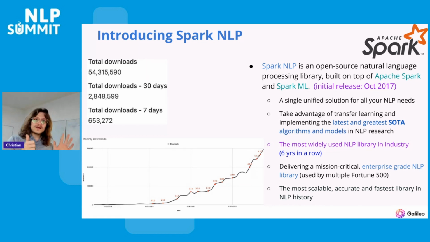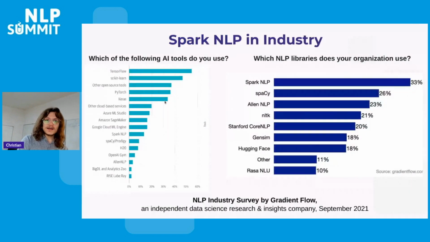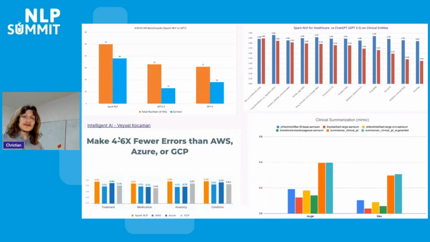In its 6 years since its inception, it has accumulated over 50 million downloads and has become the most widely used NLP library in the industry and set various benchmarks for the most accurate models in the industry and also in the whole research community, especially for many of the medical models and medical problems and domains.